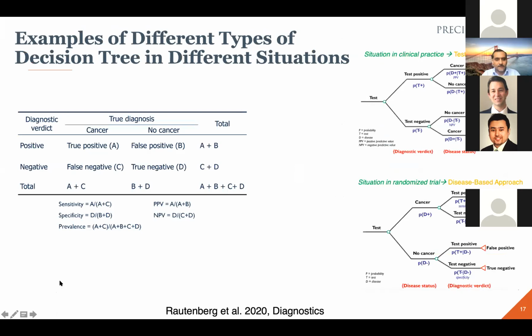Now, different types of decision trees are preferred in different situations. The goal decides whether you want to use a decision tree or not. This table, everyone is aware of: diagnostic test results on this side and true diagnosis on the top. So true positive, false positive, false negative, and true negative.